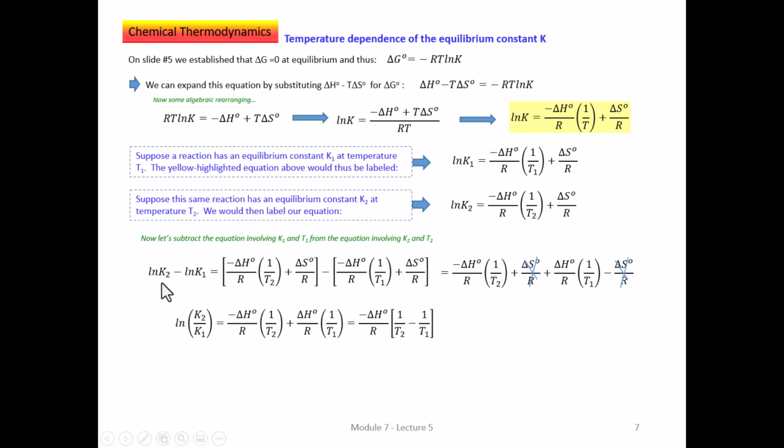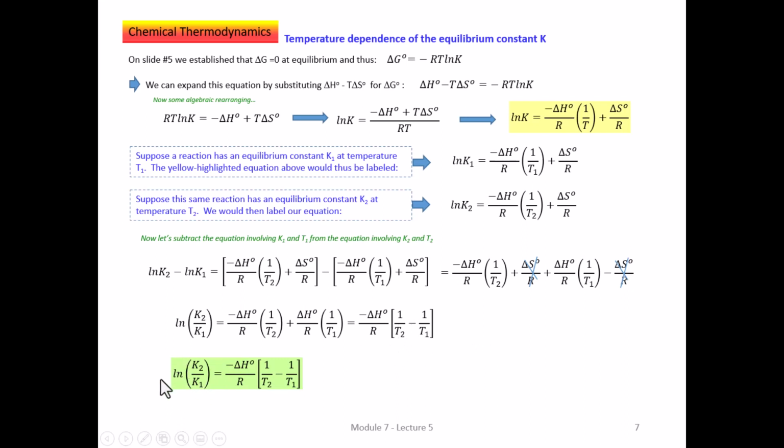and what we're left with is ln of K2 minus ln of K1, which can be rewritten in this form, equals minus delta H over R times 1 over T2 plus delta H over R times 1 over T1, and all of this can be rewritten as minus delta H over R times a quantity 1 over T2 minus 1 over T1.